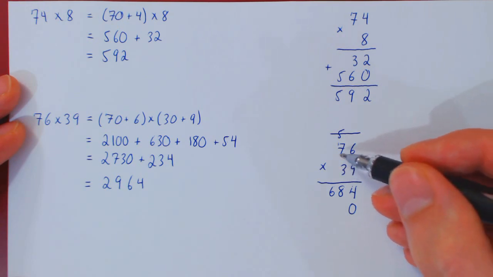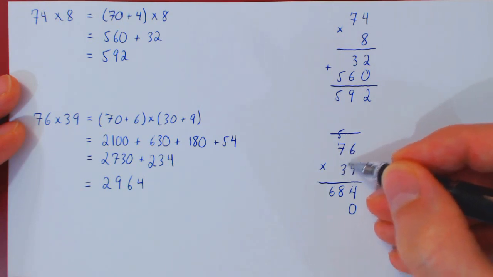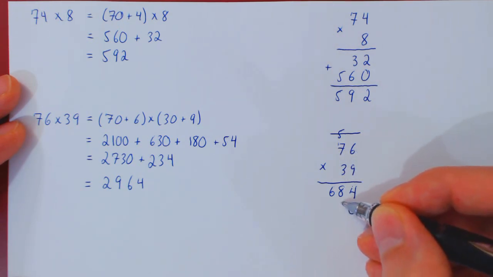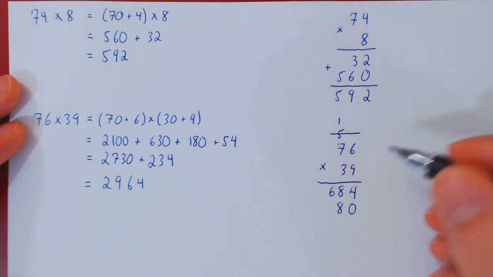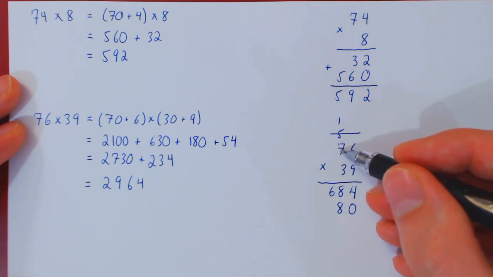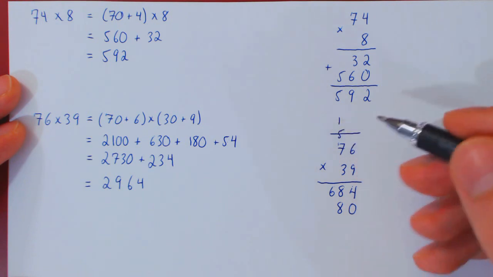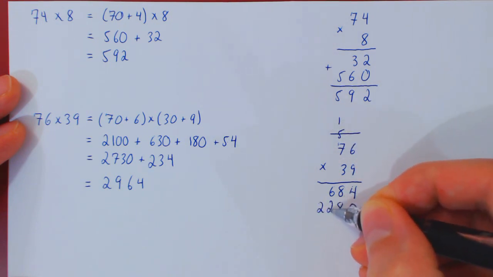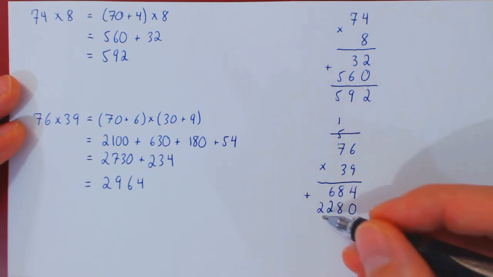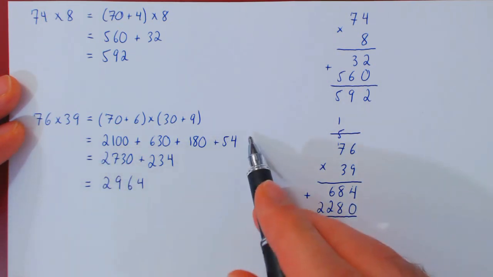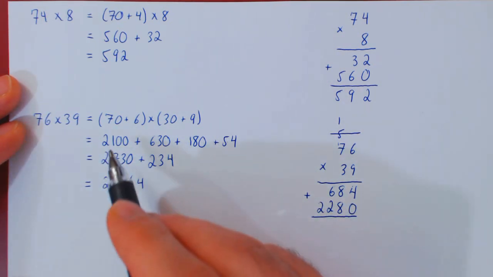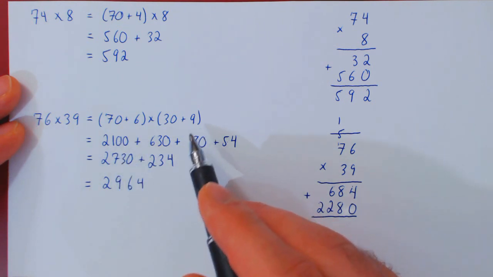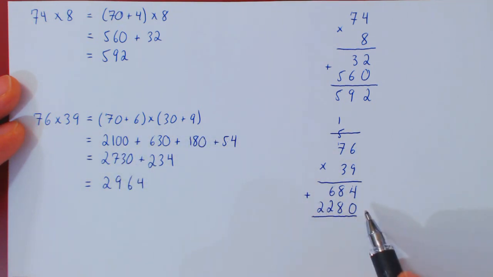And now we do 3 times 76. So 3 times 6 is 18. 8 left over of 1. 3 times 7 is 21. Plus 1 is 22. And now we add up those two integers and not four integers. And notice that if we add this integer with this one, we get this one.